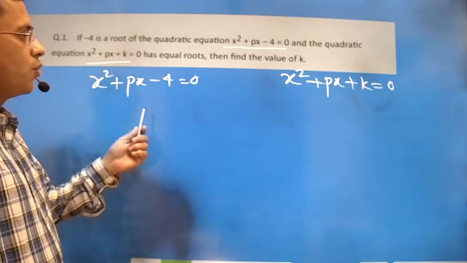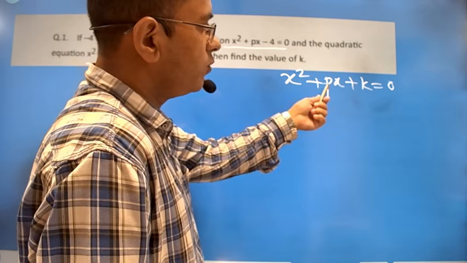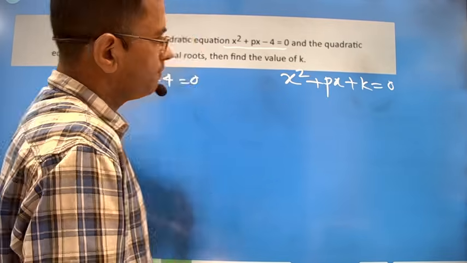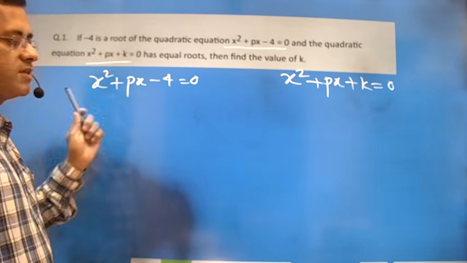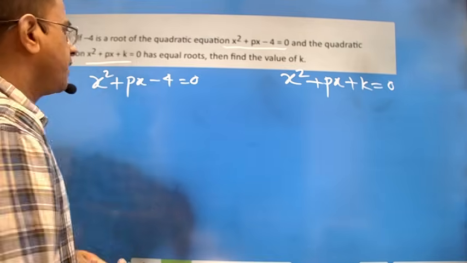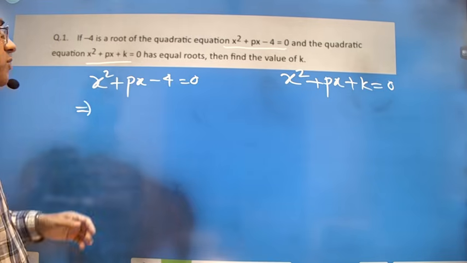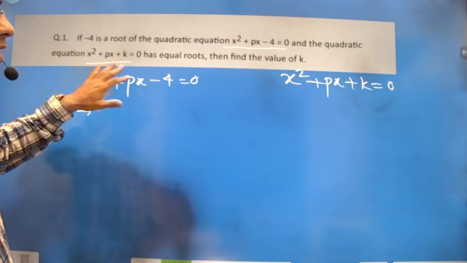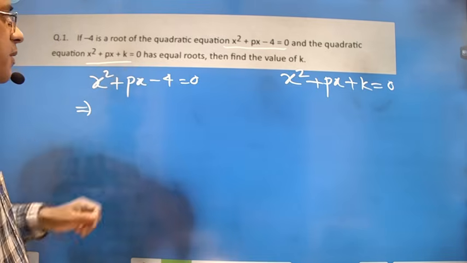To find the value of k, you need to know the value of p. We are going to get the value of p from the first equation. How can we find it? Since minus 4 is a root of this equation, it will satisfy the equation.